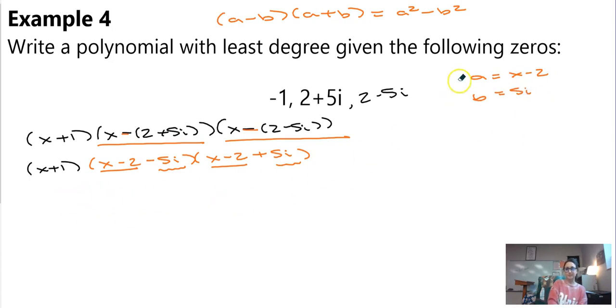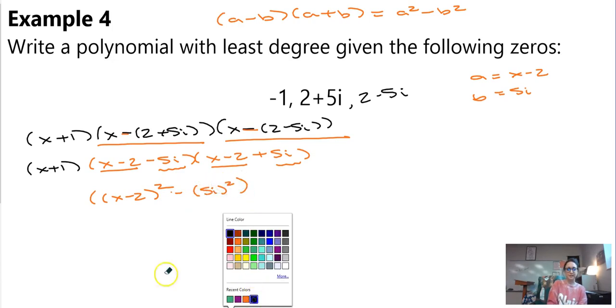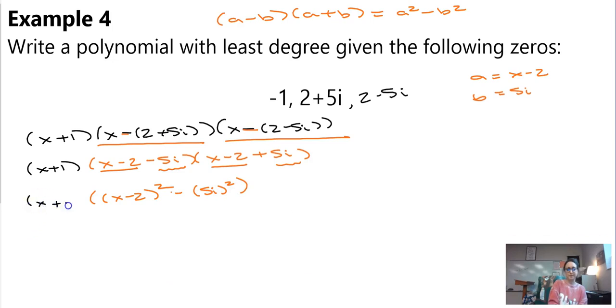So all this orange stuff I can simplify to a squared minus b squared. So let's do that. Well, a, again, we said that was x minus 2. There's my a squared, minus b is 5i. So 5i squared, right? And I'm just going to keep writing this x plus 1 to the left here. I'll deal with him at the very end.